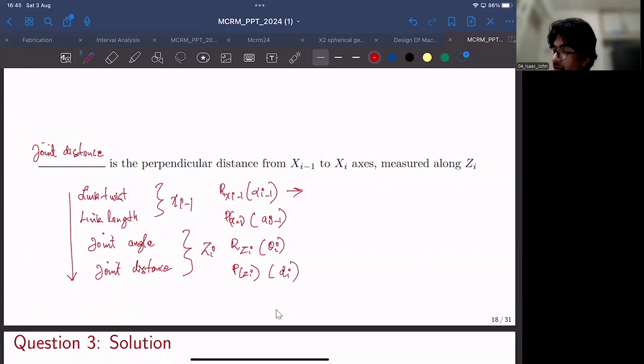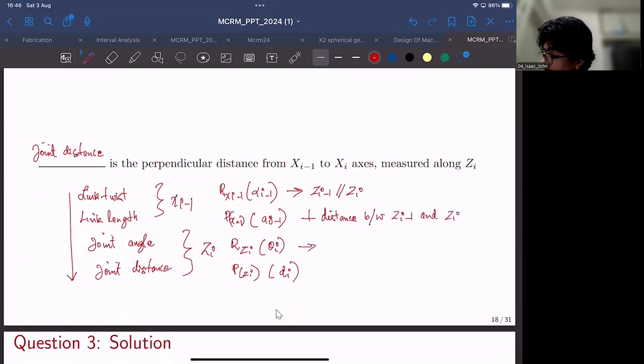The first transformation is to make zi minus 1 parallel to zi. The second one accommodates the perpendicular distance between the zi minus 1 and zi axes.